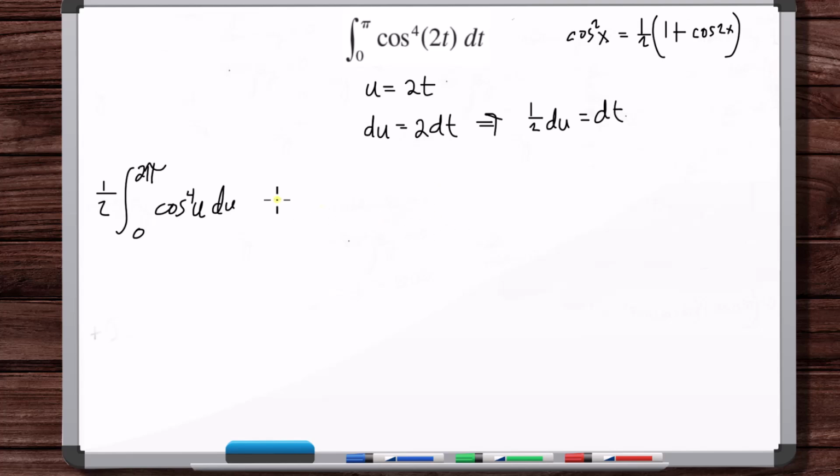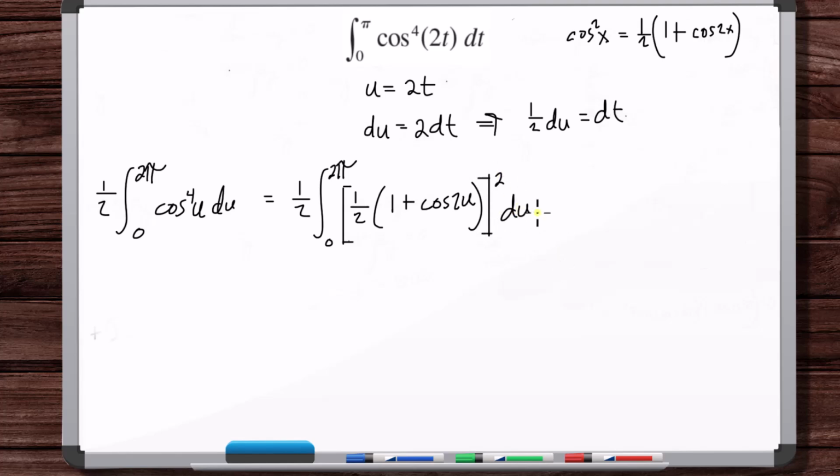All right. So we've got 1/2 times 1 plus cosine 2u. Okay, but then all of this squared. So 1/2 squared is 1/4.